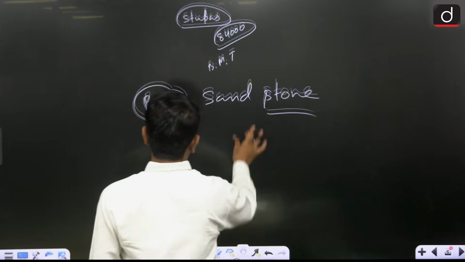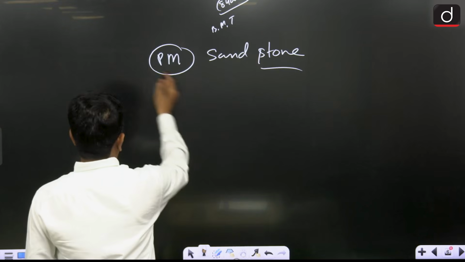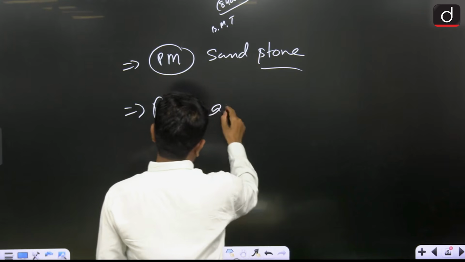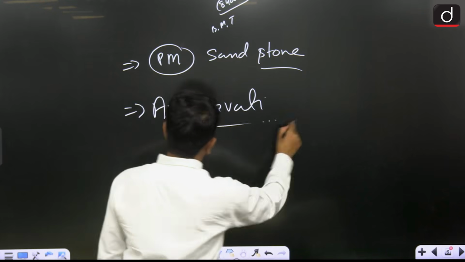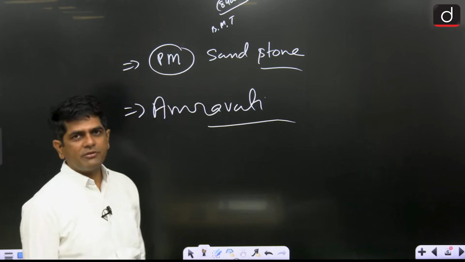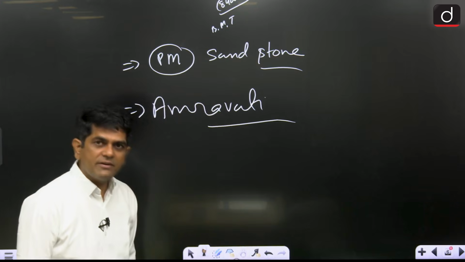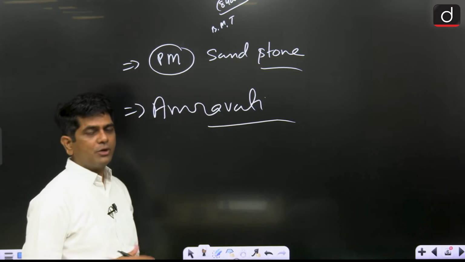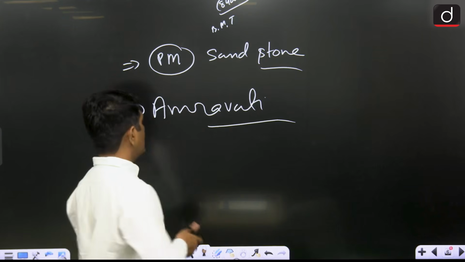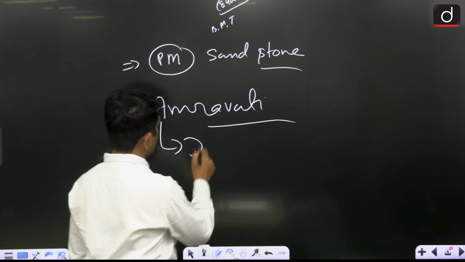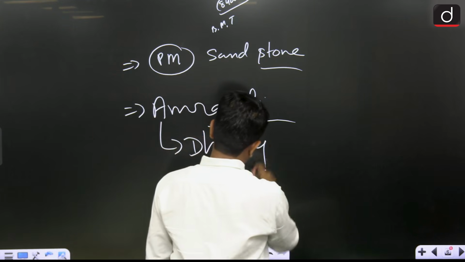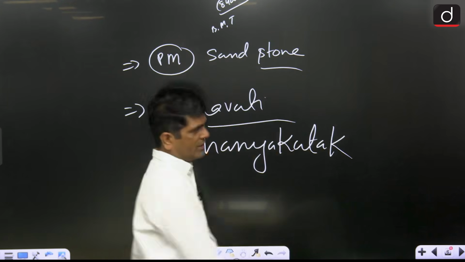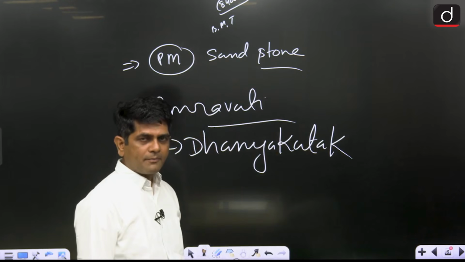Then from here we are in the post-Mauryan period. So in the post-Mauryan period, we have the stupa of Amravati. Where is Amravati? Andhra Pradesh. Near which river? Near Krishna river. And in ancient India, Amravati was called Dhanya Katak.